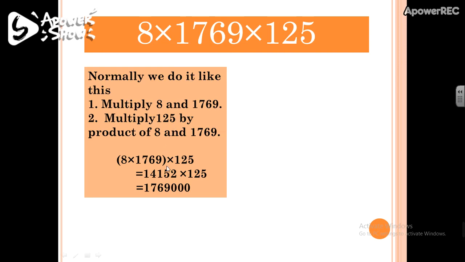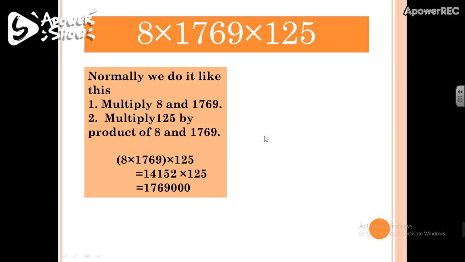After multiplying, we get 14,152. Now multiply this product by 125. After multiplication, we get 17,69,000. So this is the product of these three numbers.